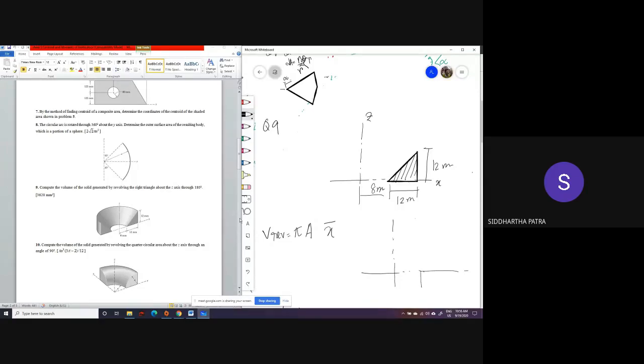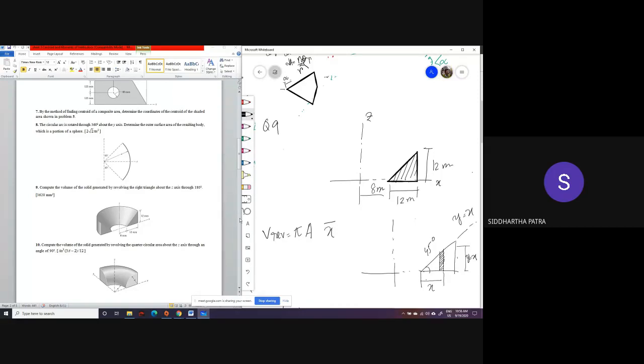But if you really want to calculate it, since I only need x bar and not y bar, I can take a strip, which I repeatedly ask you not to use, but I am still using just to make the process quicker. For any given x, the differential area: this angle is 45 degrees, so the equation of this line is y equals x, and y is also x.